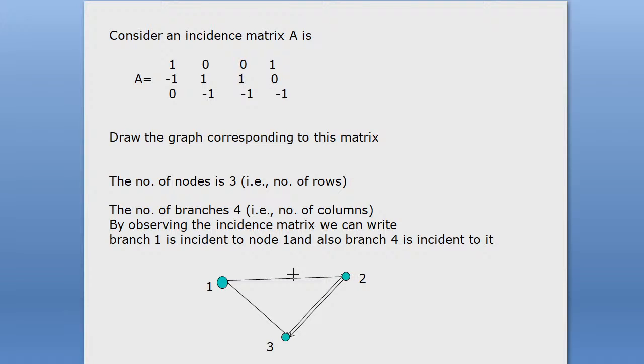Branch 1, branch 2, branch 3, and this one branch 4.